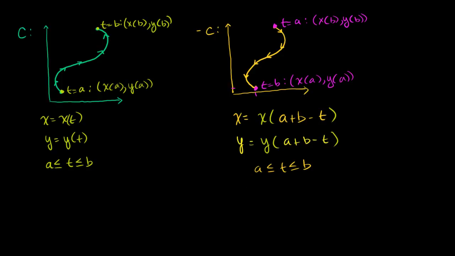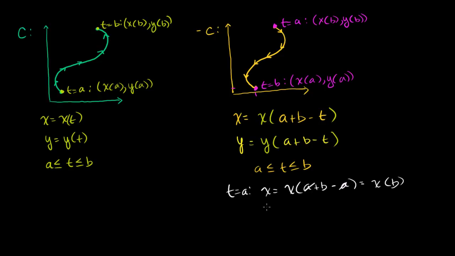So when t is equal to a, x will be equal to x of a plus b minus a, right? This is when t is equal to a. So minus t, or minus a, which is equal to what? Well, a minus a cancel out. That's equal to x of b.